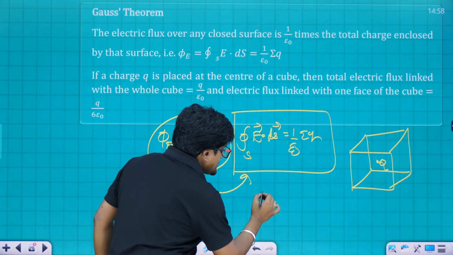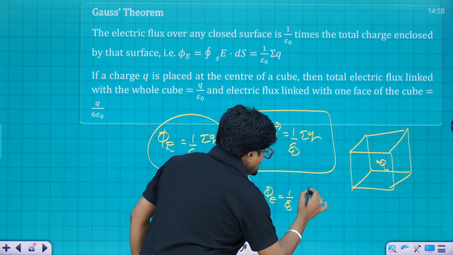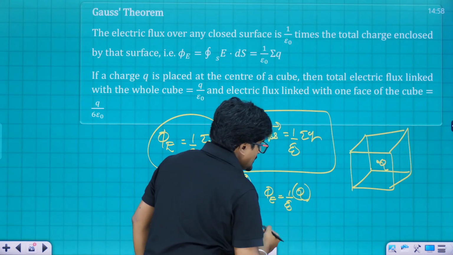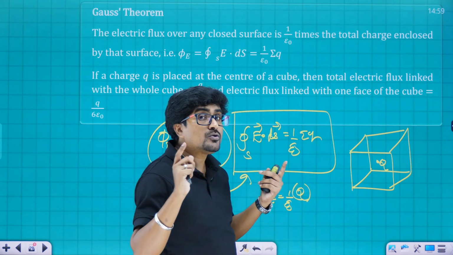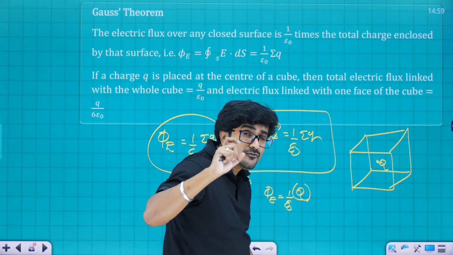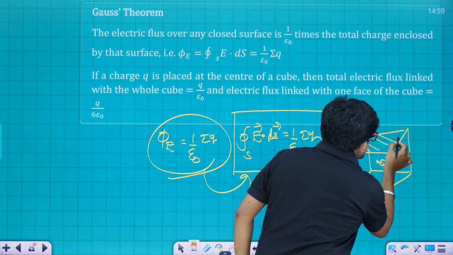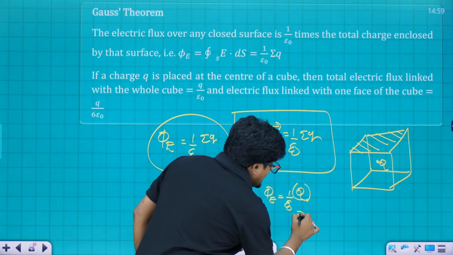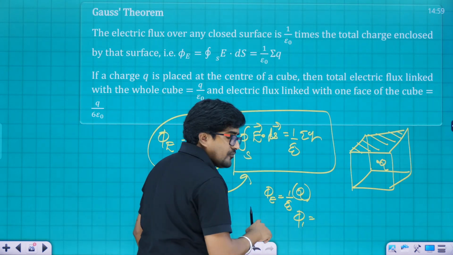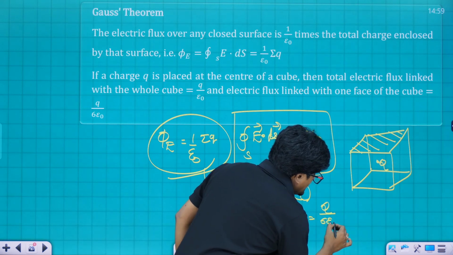The total flux associated with this, phi suffix E, is 1 by epsilon naught times the charge enclosed, which is Q. This cubical Gaussian surface has 6 surfaces. So what is the flux associated with any one surface? Let me consider the topmost one. The flux linked with that single surface, phi 1, is going to be Q divided by 6 times epsilon naught.